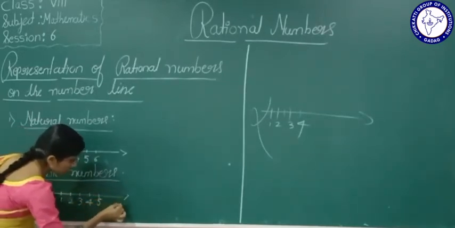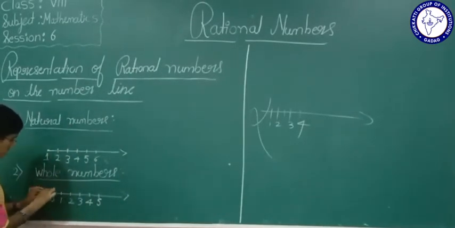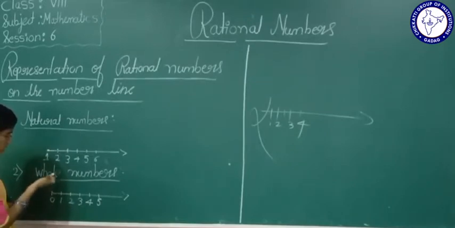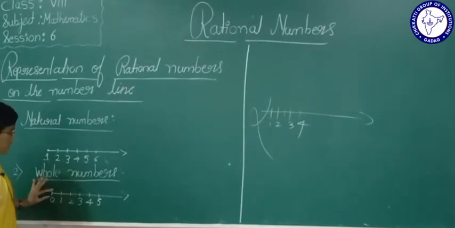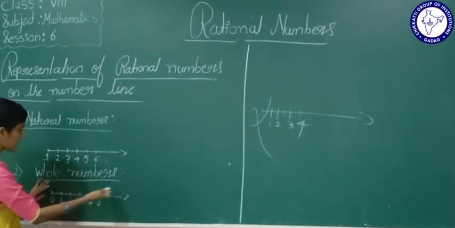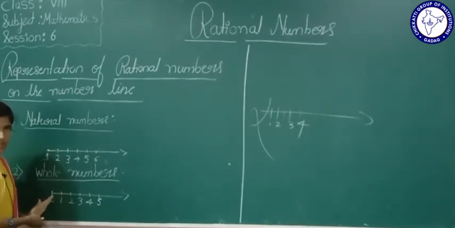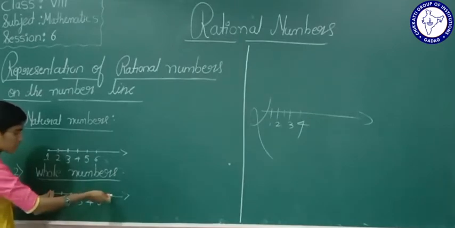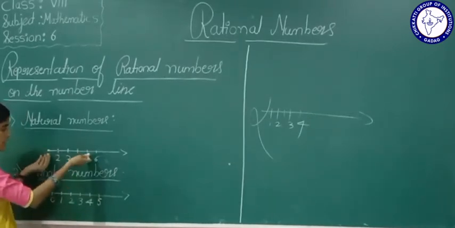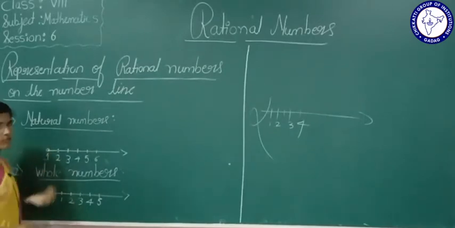It will go on continuing. This is the representation of whole numbers on the number line. The line extends indefinitely from the right side of 0 in whole numbers. In natural numbers, the line extends indefinitely from the right side of 1.